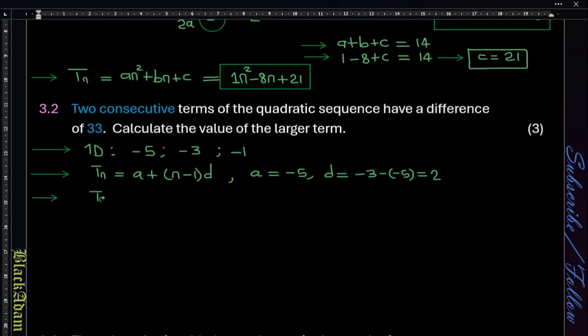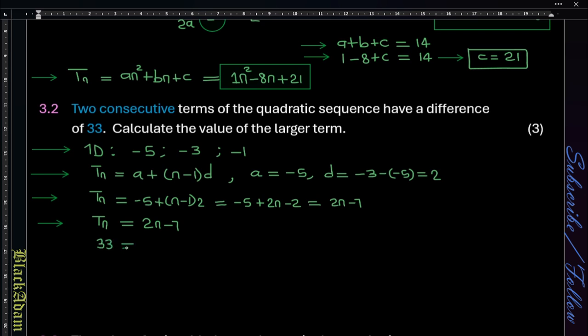The nth term is negative 5 plus bracket n minus 1 multiplied by 2. That gives us negative 5 plus 2n minus 2, simplified to 2n minus 7. So Tn is equal to 2n minus 7.